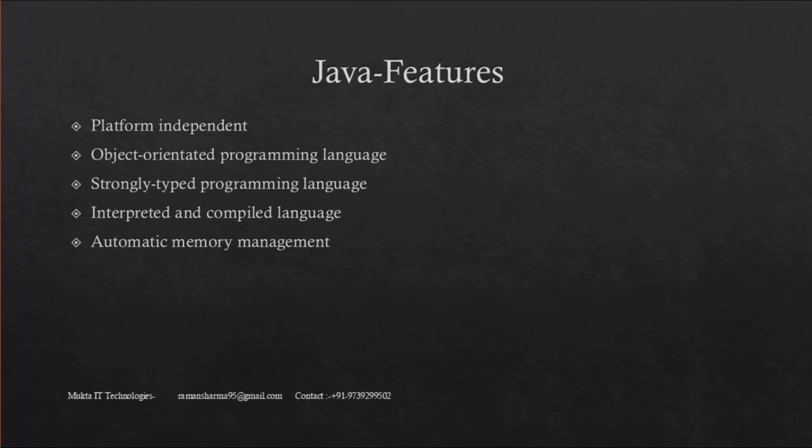It has automatic memory management, which means a developer need not worry about how to manage the memory for objects. That is completely handled by the Java application, and here the concept of garbage collector comes in. That also we will discuss.